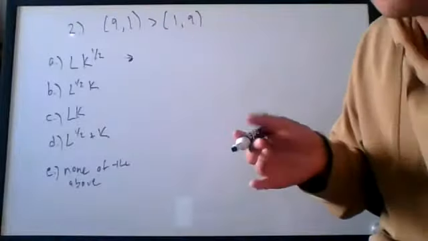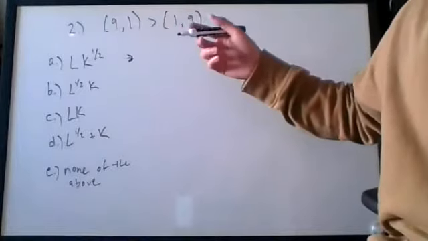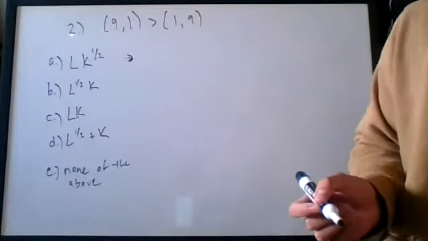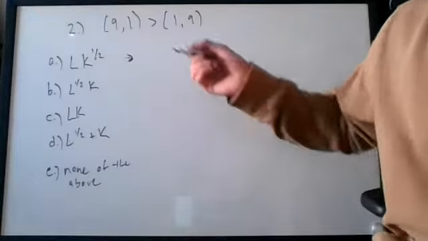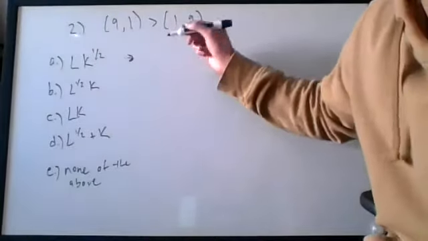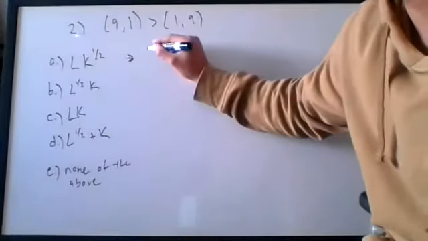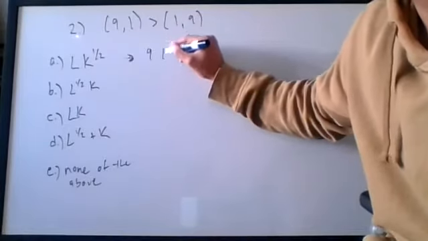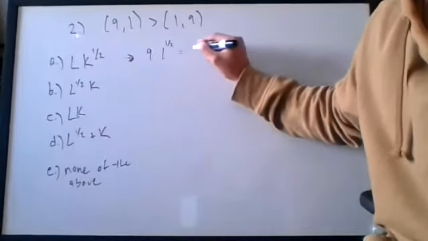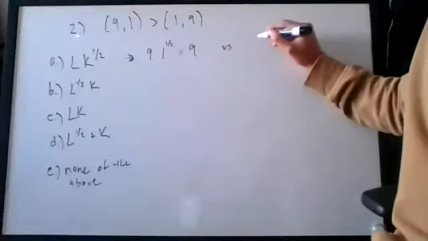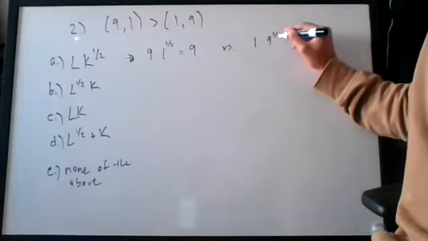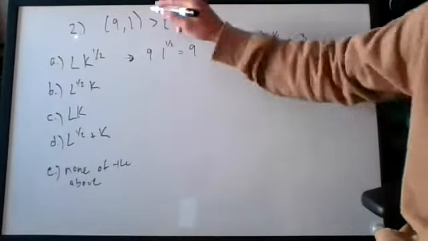I think the best way of going about this kind of problem is to plug in the numbers and see which produces this outcome. If I plug in 9,1, I should get 9 times 1 to the 1/2, which is equal to 9, versus 1 times 9 to the 1/2, which is equal to 3. And so this makes sense.